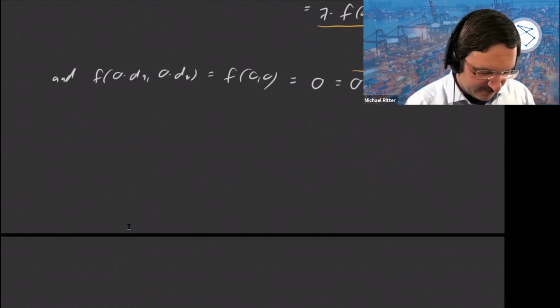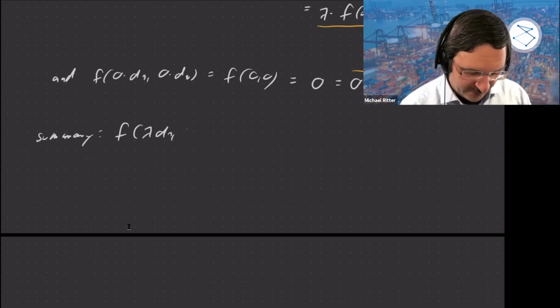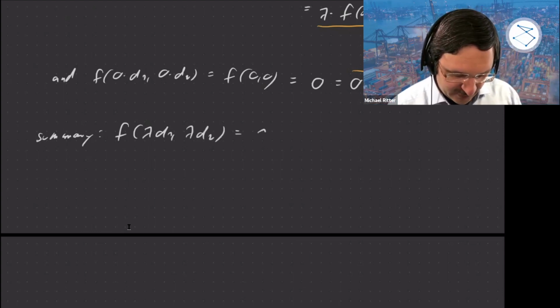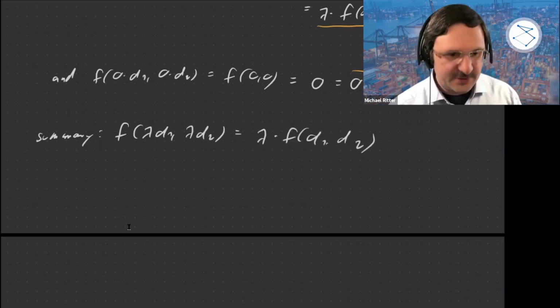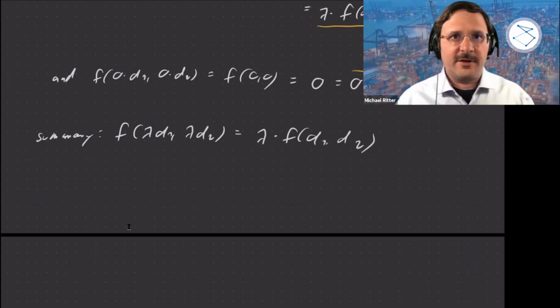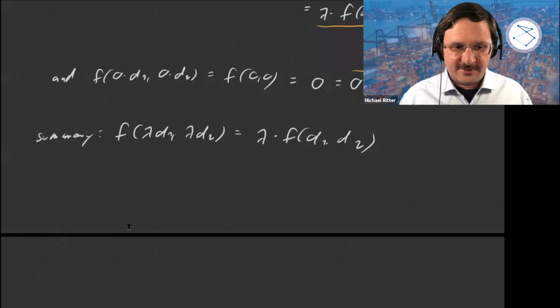And that means, to summarize, we can say along that line, f of lambda d1, lambda d2 is simply equal to lambda times f of d1, d2. So that's a nice, short, concise way of writing this. And that will hopefully be helpful for the computations that we have to do.